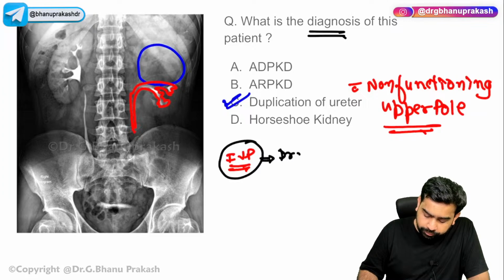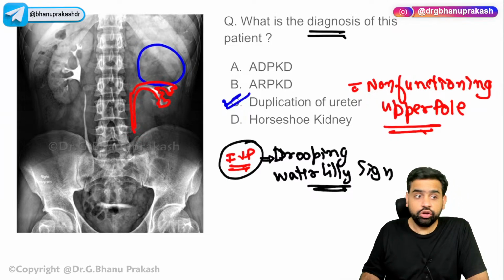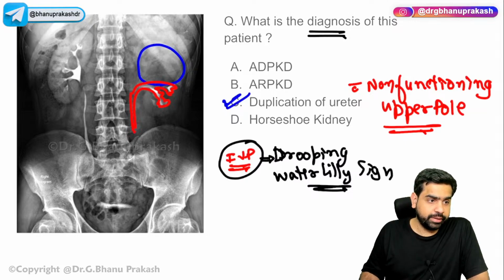You're going to find the drooping water lily sign. Okay, you understand my point? The water lily sign is present in a hydronephrotic system, and the drooping water lily sign is present in duplication of the ureter with a non-functioning upper pole.